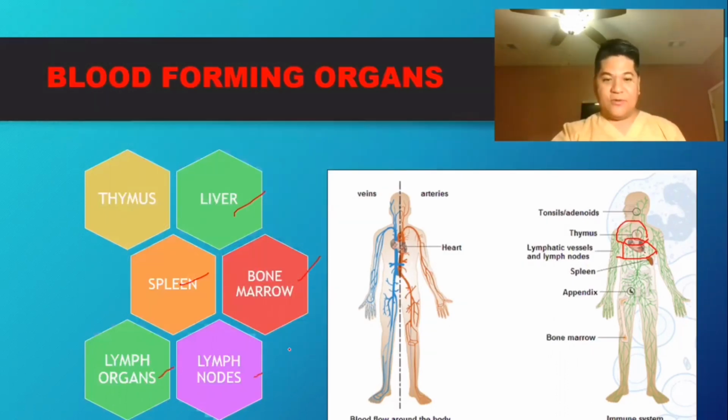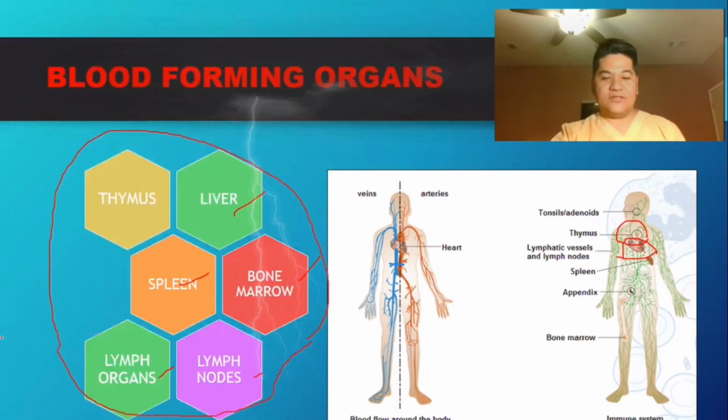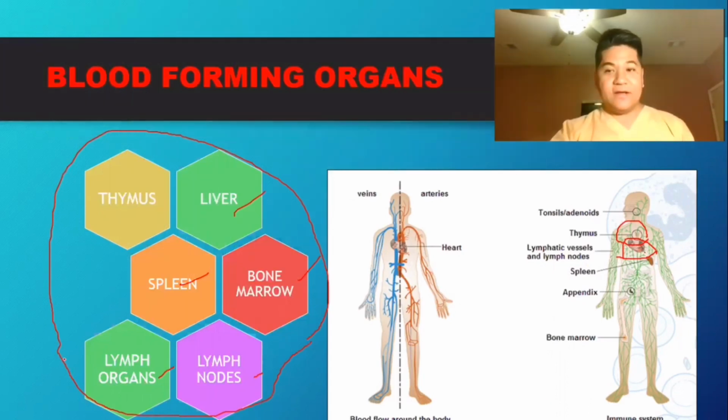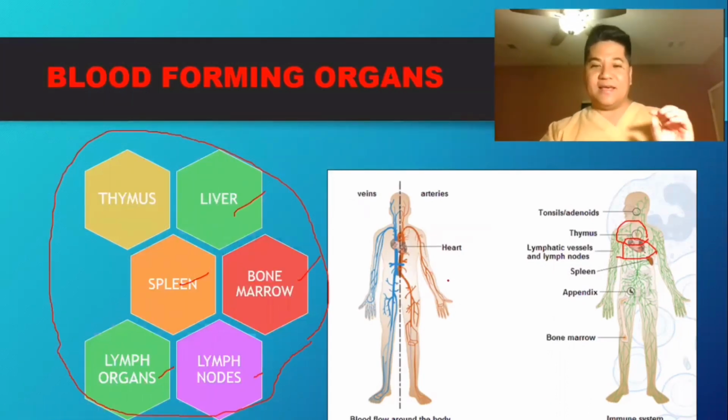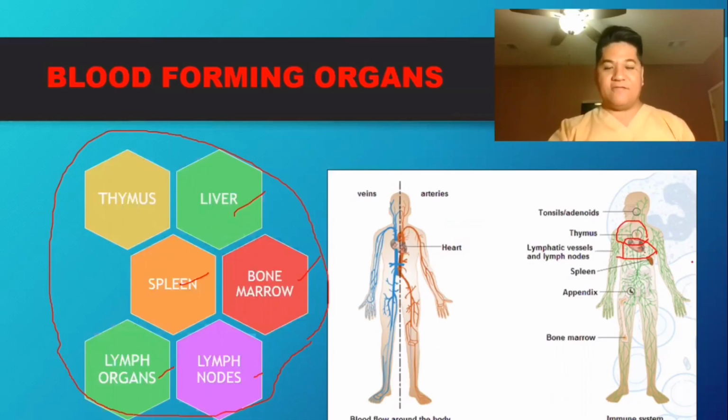Check on that. So remember, when these blood forming organs are destroyed or injured, mostly the bleeding cannot be stopped, or sometimes it's like the blood is overflowing. So that's why you have to be careful about injury to these parts of our body.